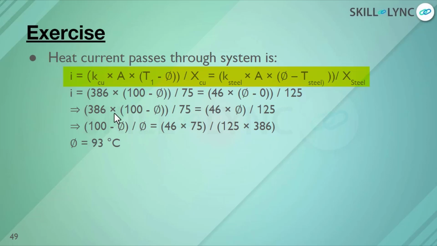By simplifying this equation, we would get the result as phi equals 93 degrees.